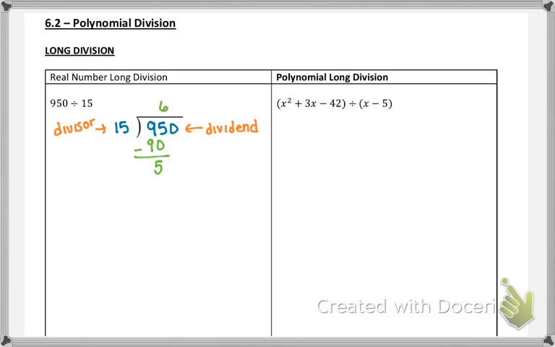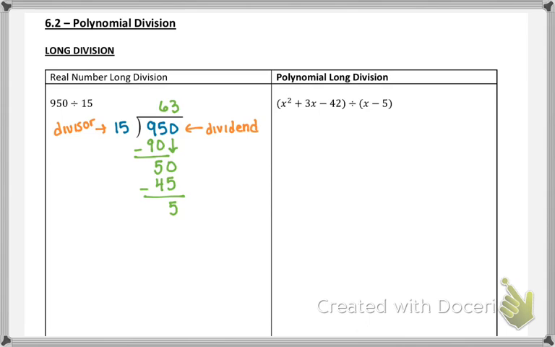And then what will we do next? We would bring down the next digit, which is 0. And then we would say, okay, 15 goes into 50 how many times? And the answer is 3. And then we multiply the 15 by the 3, right? 15 times 3 is 45. And then we subtract again. And we're left with 5 as our remainder.